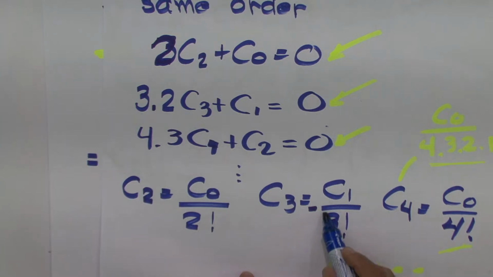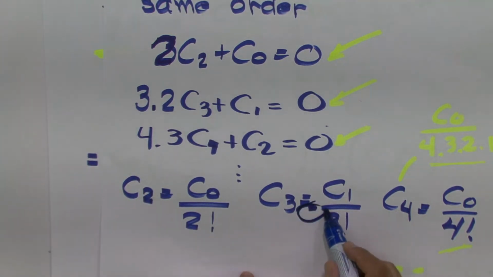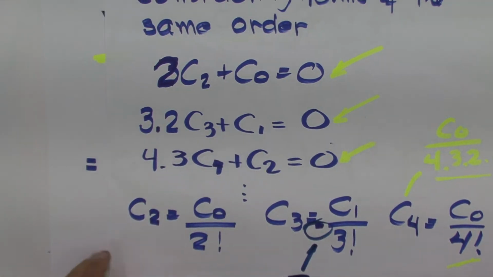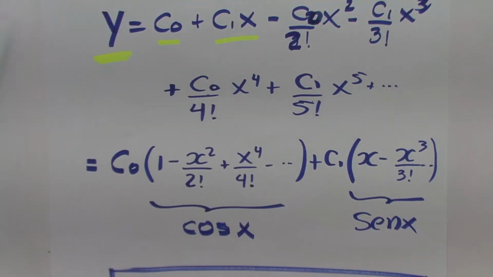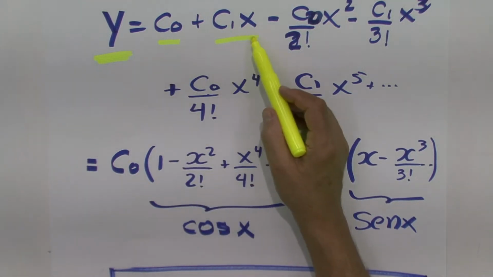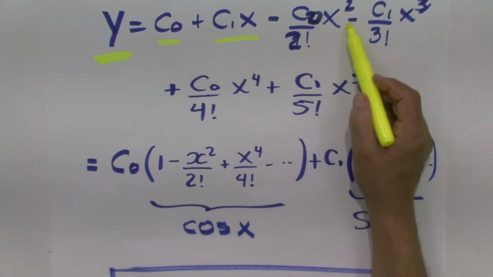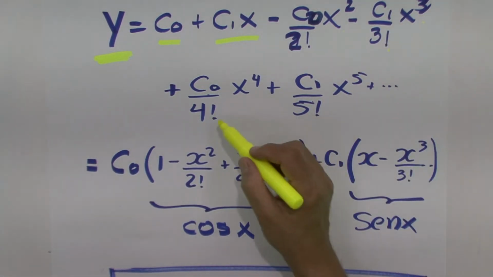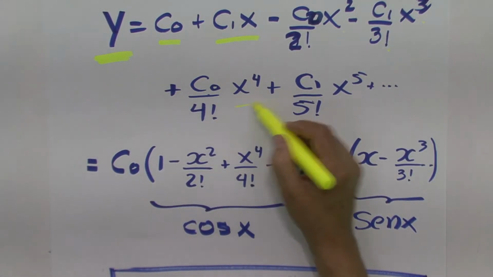So the odd terms are going to have a minus, so they will be negative, and the even terms will be positive. Well, they mix it up, right? So what I have as a series is c0 plus c1x minus c0 divided by 2 x squared minus c1 divided by 3 factorial x cubed plus c0 divided by 4 factorial, and so on.